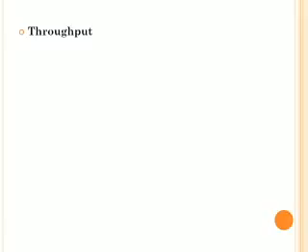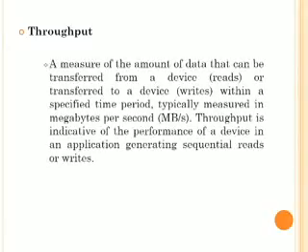Next is throughput. In general terms, throughput is the rate of production or the rate at which something can be processed. When used in the context of communication networks such as Ethernet or packet radio, throughput or network throughput is the rate of successful message delivery over a communication channel.